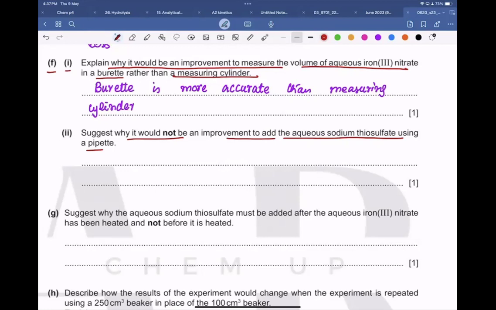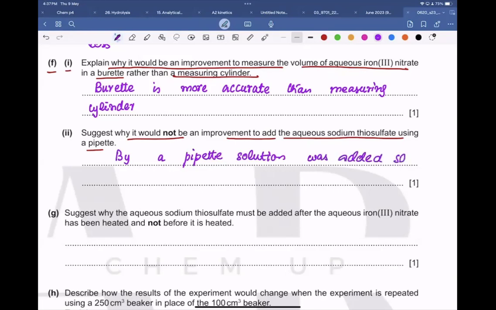Because during the addition of the thiosulfate, the reaction would start, because from the pipette the solution is added slowly. By a pipette, the solution was added slowly.